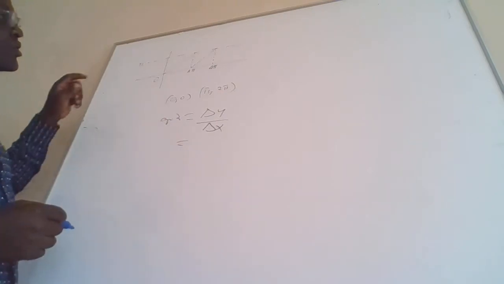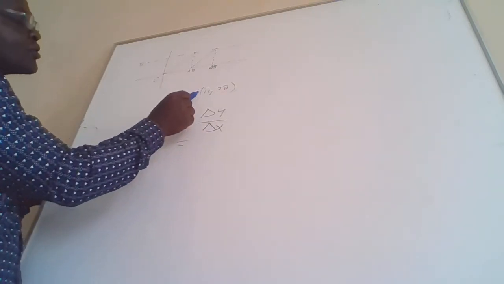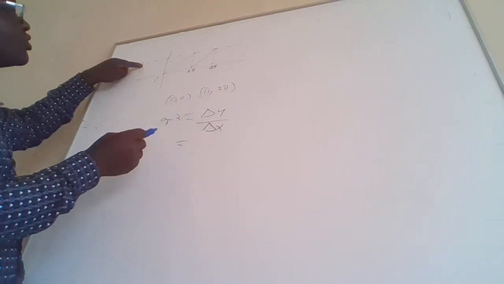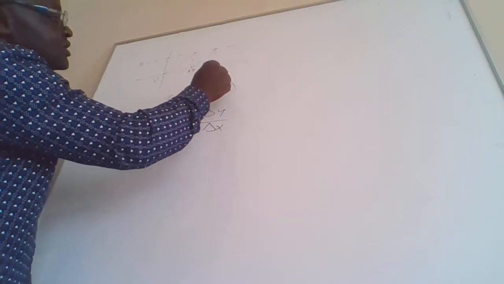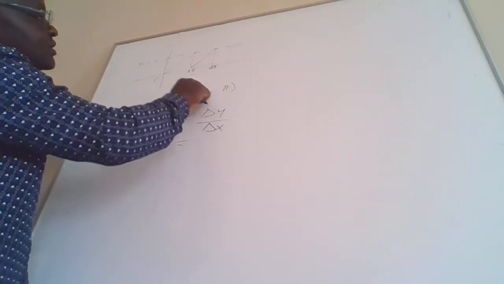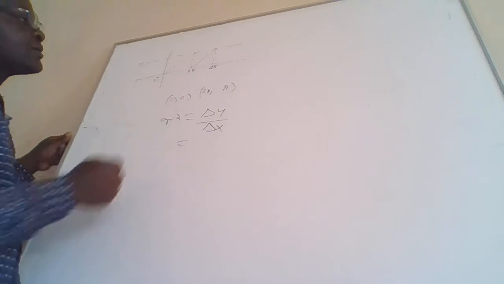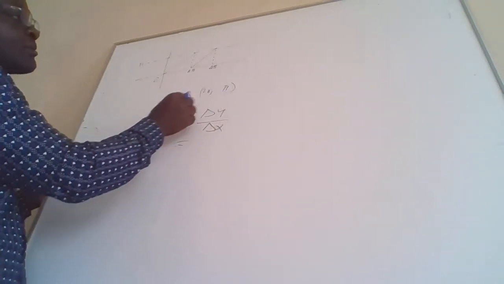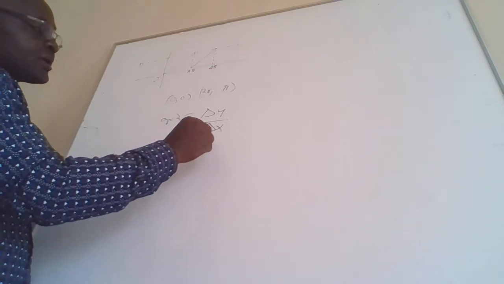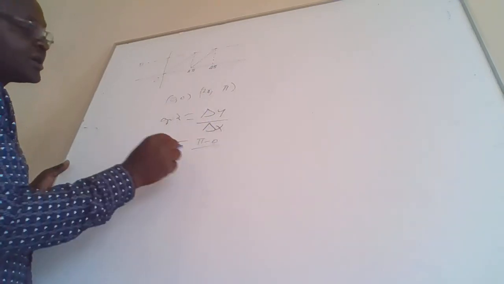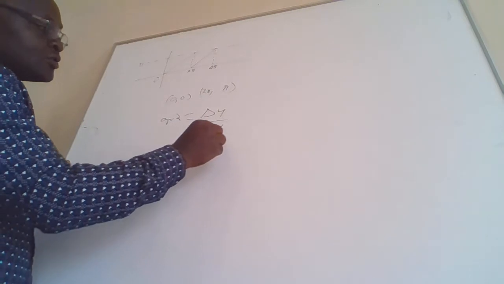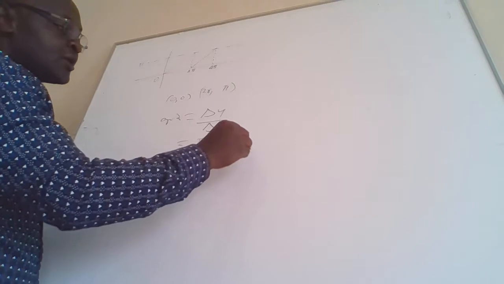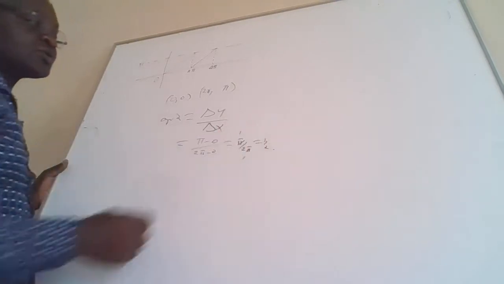Therefore, the gradient equals, the value of y here is pi, the value of x there is 2 pi. So gradient is change in y over change in x, so it will be pi minus 0 over 2 pi minus 0, which equals pi over 2 pi, which equals a half.